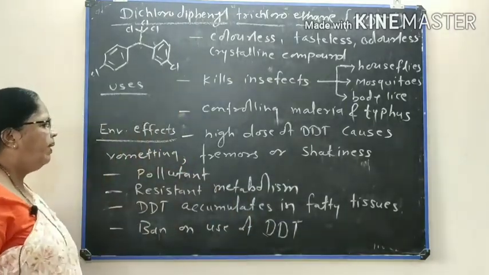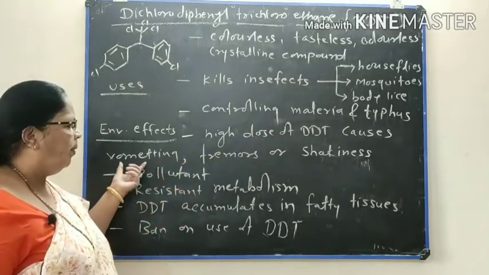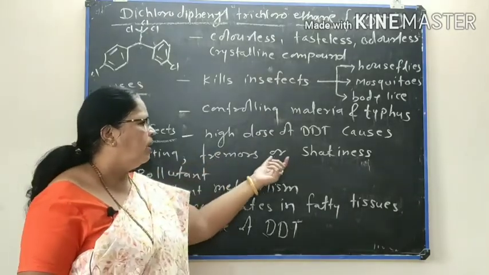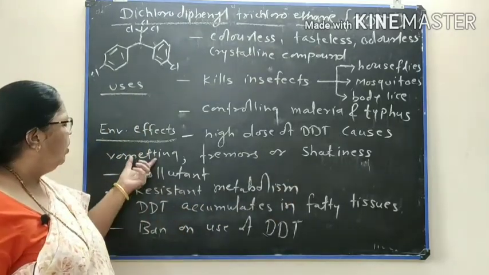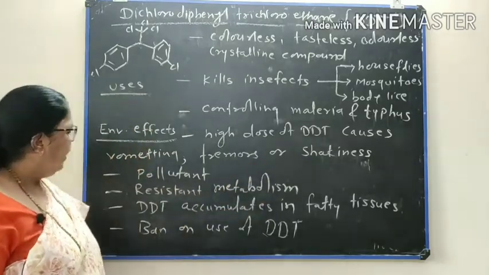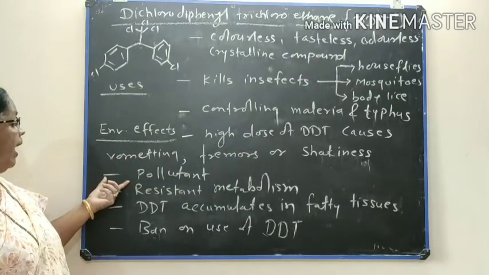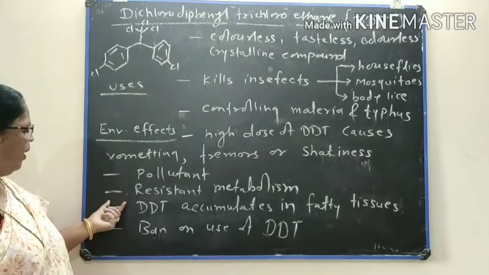Then environmental effects. A high dose of DDT causes vomiting, tremors or shakiness. Next, it acts as a pollutant.